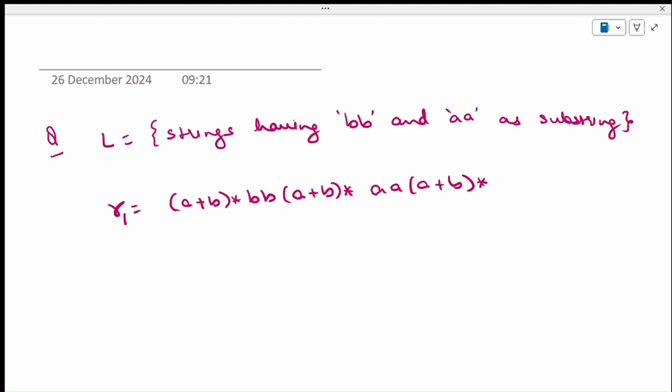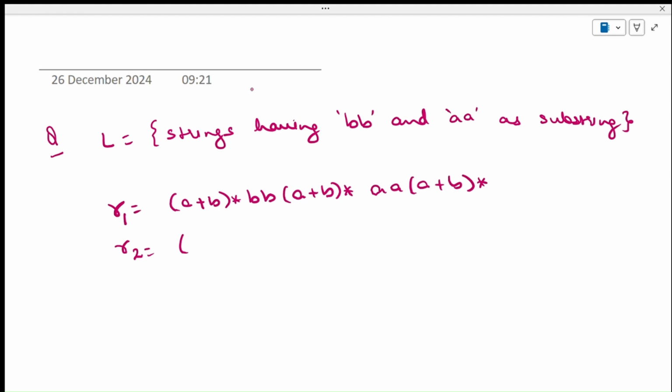The first case is double B and double A both are appearing as a substring in the string, but double B is coming first and then double A. And there could be the second situation where double A is coming first and then later double B is coming.